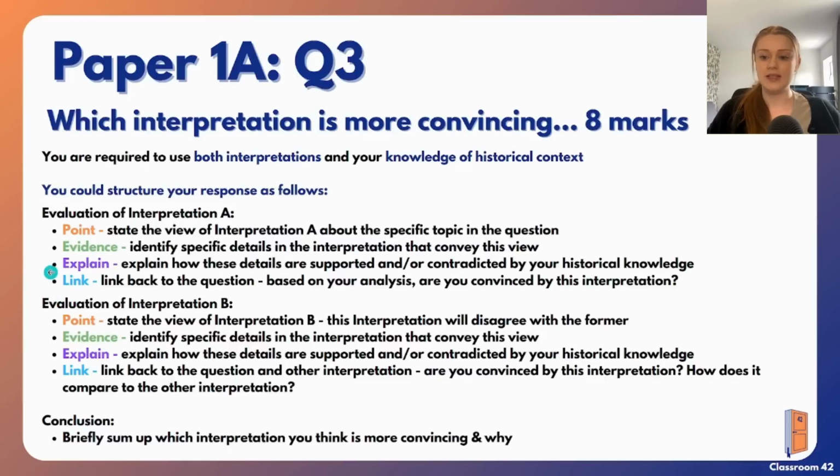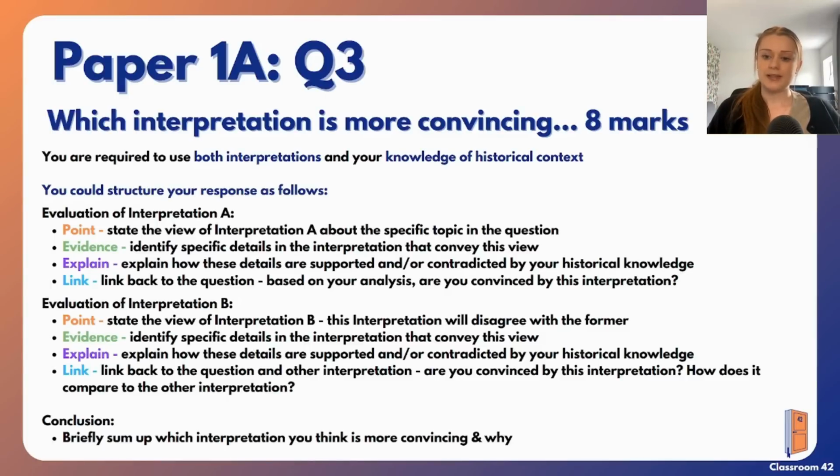So we could state the view of interpretation A about the specific topic in the question. Then we need to identify specific details in the interpretation that convey this view, whether that's paraphrasing or quotations. Then we need to explain how these details are supported and or contradicted by your historical knowledge. A great way to bring in your historical knowledge is to use it to explain which one is more convincing.